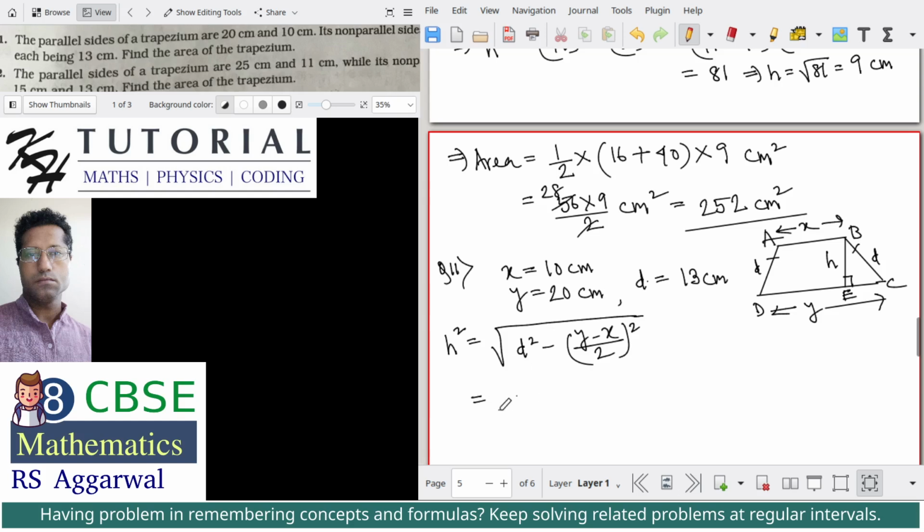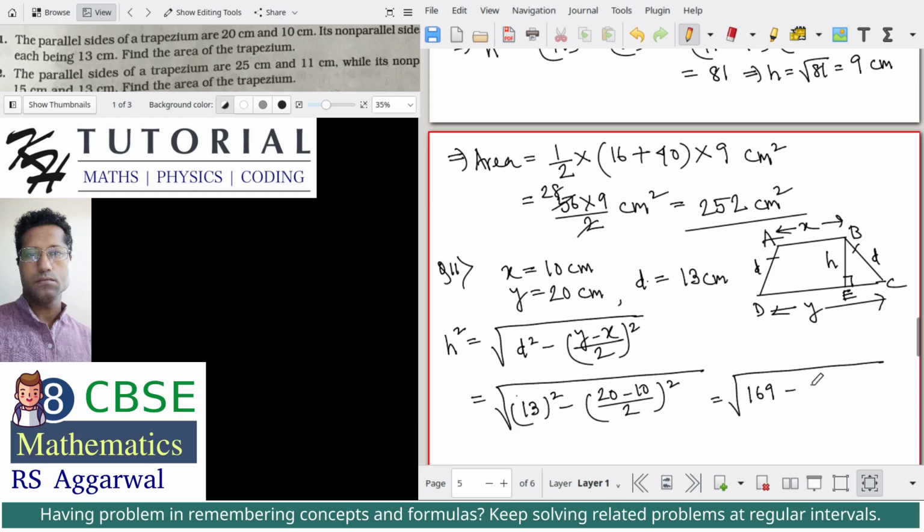Okay, so we know D, we know X and Y, so we can easily find what is H. So D square, D is 13 square, minus Y minus X by 2 whole square. What is Y? Y is 20 minus 10 by 2 square. This is equal to square root of 13 square is 169. Yes, 169.